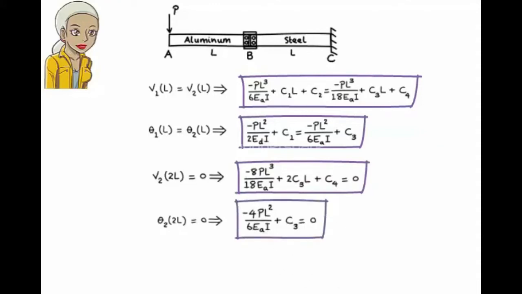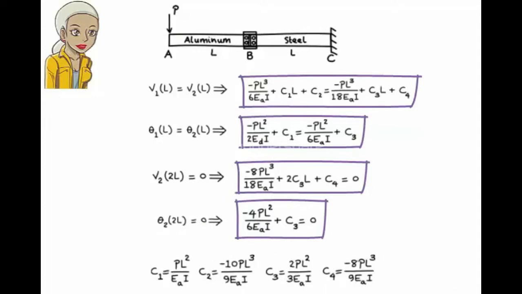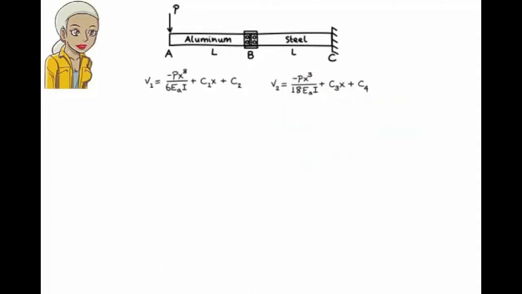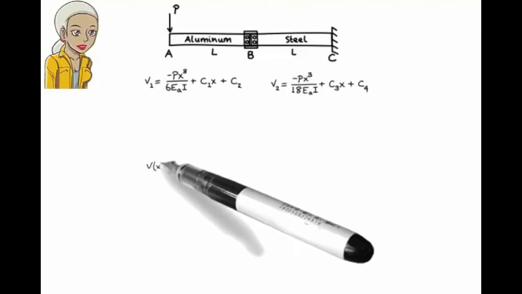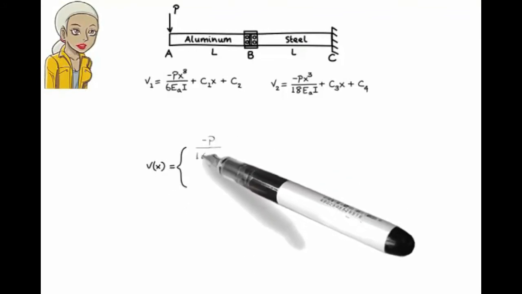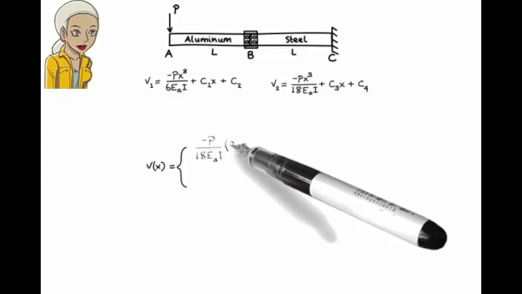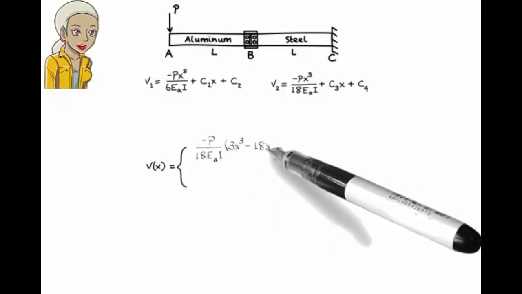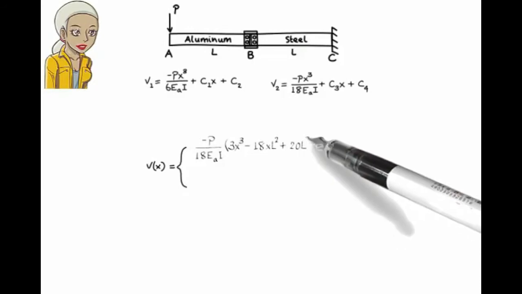Solving these equations for C1 through C4, we get. Making proper substitutions in the deflection equations, we get V1 equals negative P over 18 E sub A I times 3x cubed minus 18xL squared plus 20L cubed.